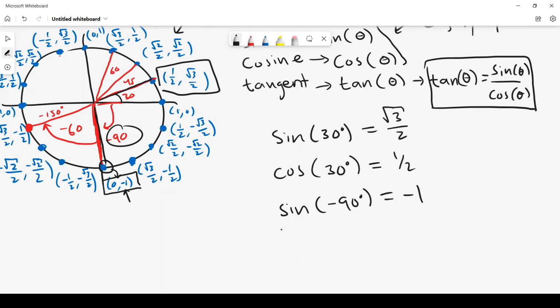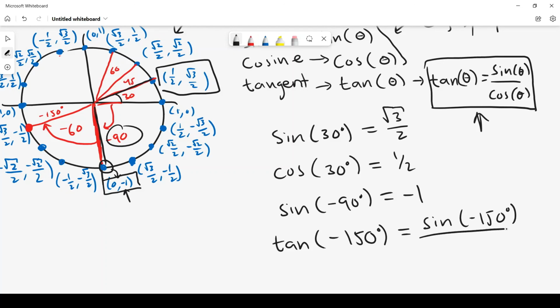We can even be fancy with this. We can say what is tangent of, let's go negative 150 degrees. Well, we don't really have tangent, but what we do have is our property over here. Tangent of negative 150 degrees is equal to sine of negative 150 degrees divided by cosine of negative 150 degrees.